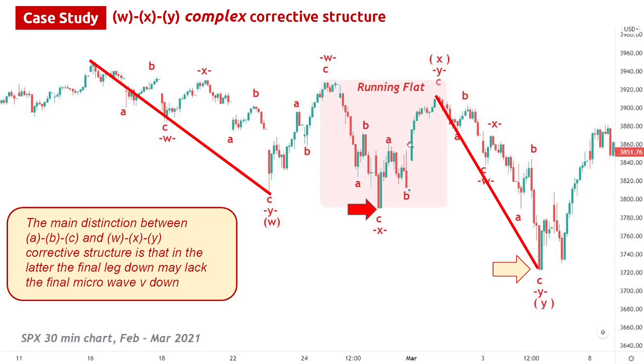But look, the tricky part is that that rally actually stopped without making a higher high over the first leg up. Look, we are talking about this zigzag. That was the first leg up, that was the second leg up, and the second leg up failed even to retest the top made by the first leg up, and then it collapsed.